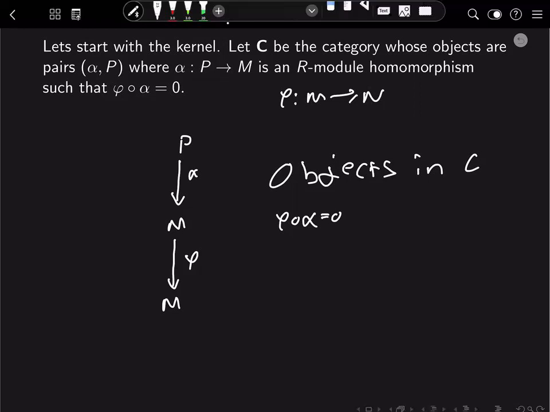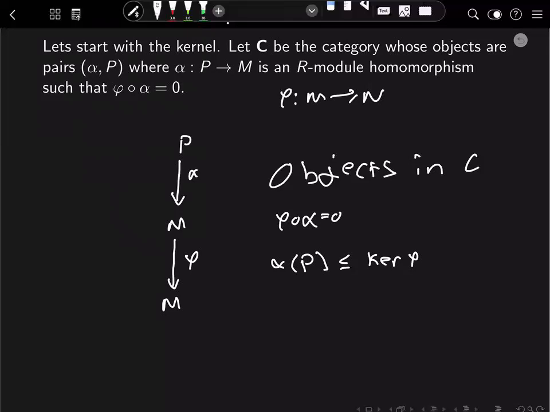What we're saying here is that the image alpha of P is a subset of the kernel of phi. So all of P maps into the kernel of phi.